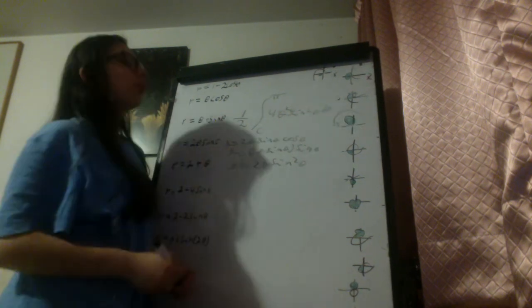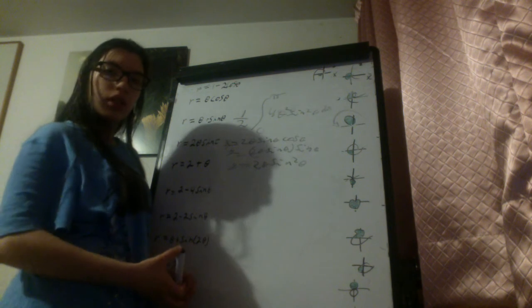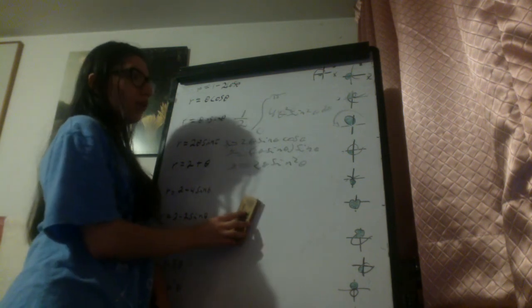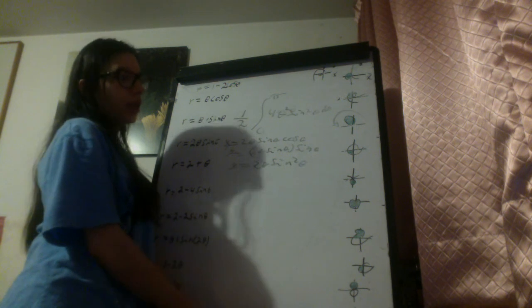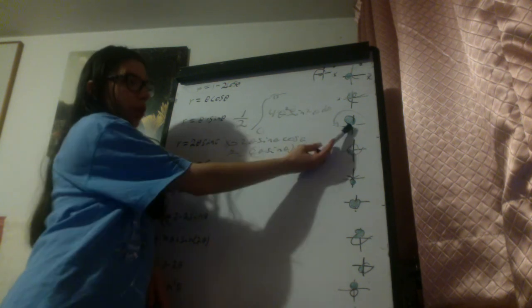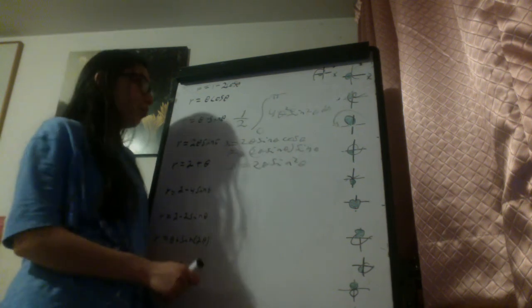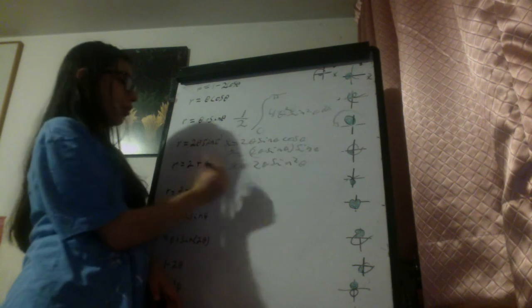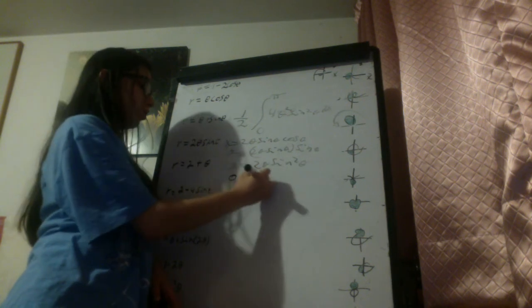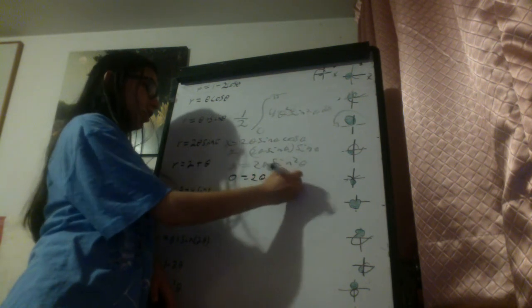Now, if you're not comfortable with this just visually, let's do it with the intersects, or with r equals 0. So here we are going from one 0 to another 0. That is from r equals 0 to another r equals 0. So we can set this equal to 0. So we have 0 is equal to 2 theta sine theta.